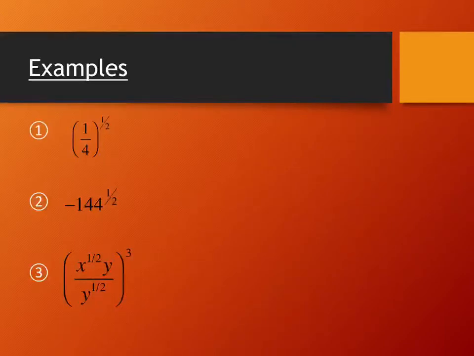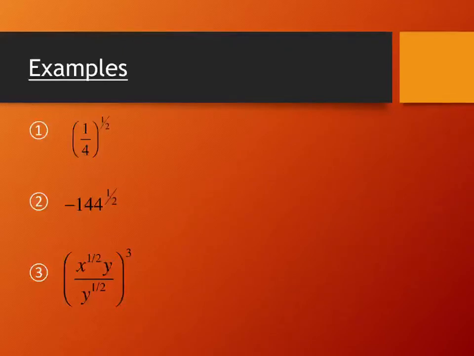These first examples, 1 and 2, start out being written with the rational exponent notation. We're going to change them sometimes back into radicals and sometimes from radicals into rationals, depending on what we need to be able to simplify.